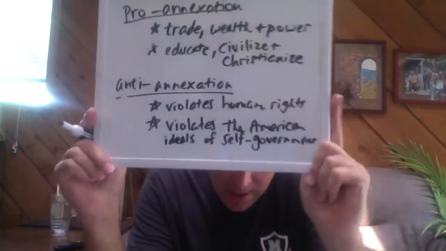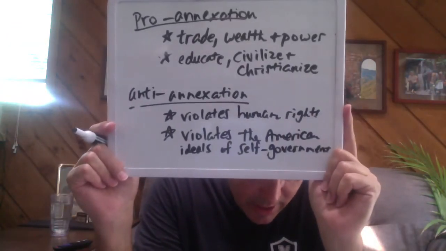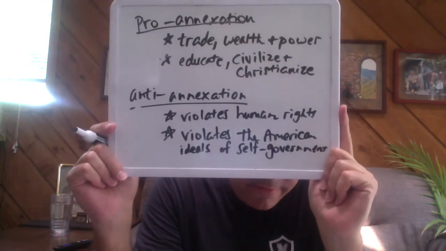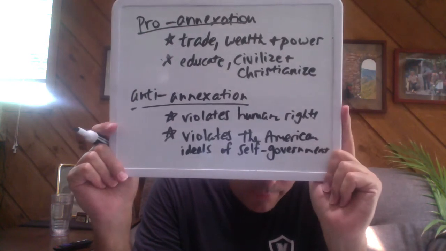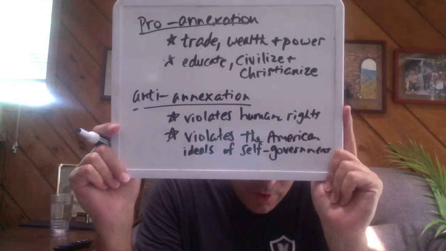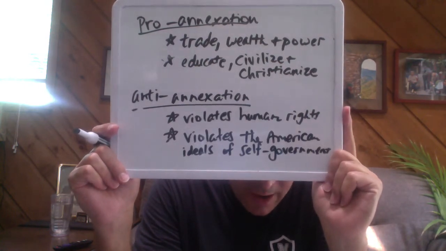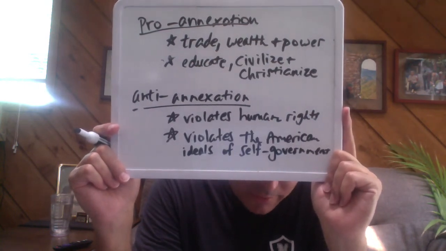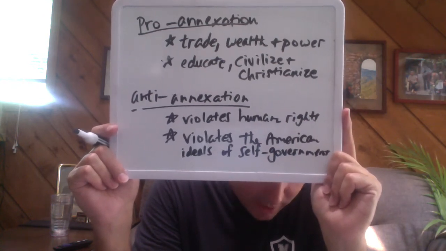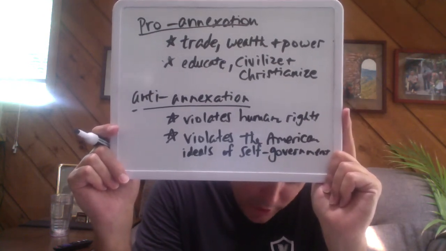So this is an American ideal. The whole idea of self-government. It is the very reason that we broke away from the British Empire. We wanted to govern ourselves. We did not want to be governed by a king over in England. We wanted to govern ourselves. This is the very reason why we broke away from England.